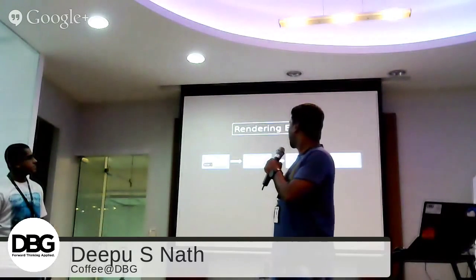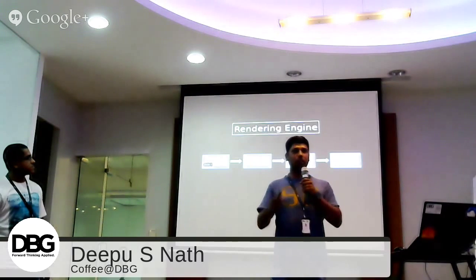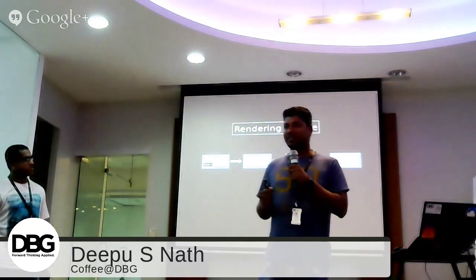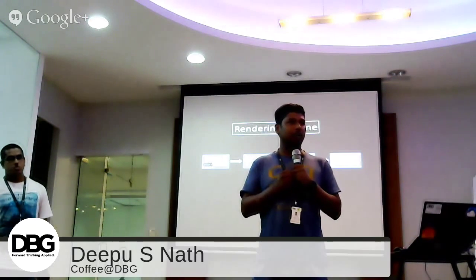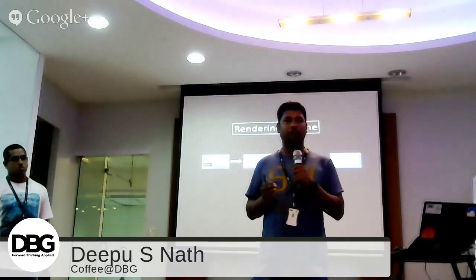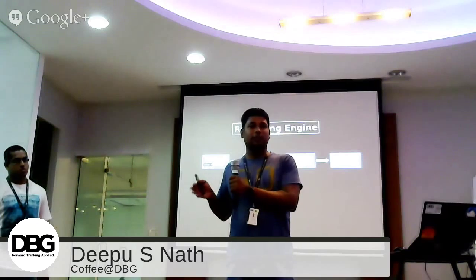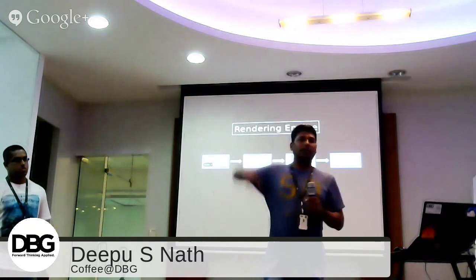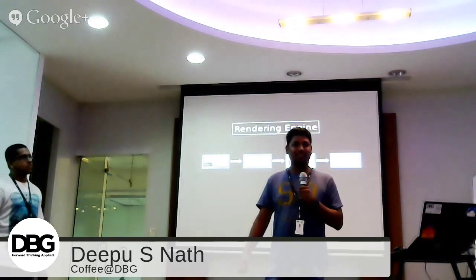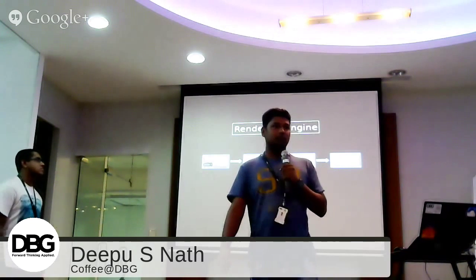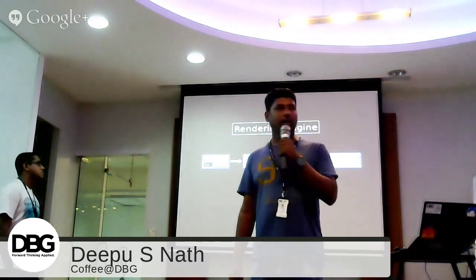Then we talked about the rendering engine. So what does it do? It collects the information that needs to be parsed, and at first it creates a DOM tree. Then it creates a rendering tree with the CSS, and then it starts drawing using the dimensions. Then it starts painting, right? And there are different rendering engines. Any rendering engine name?